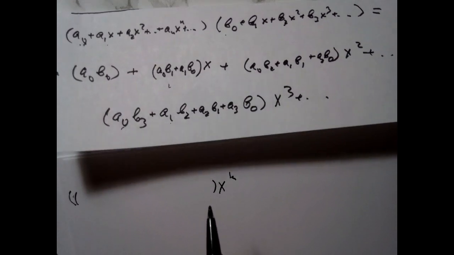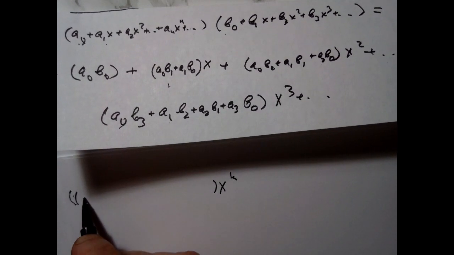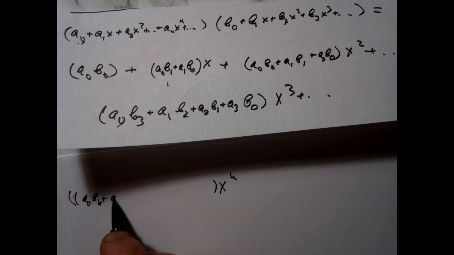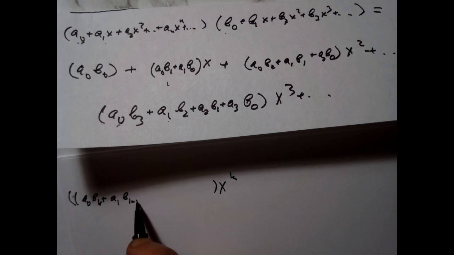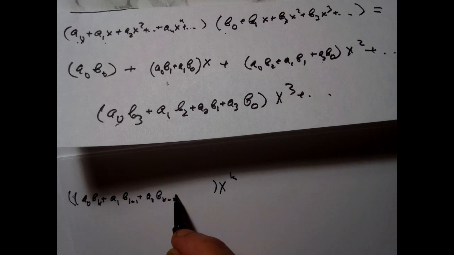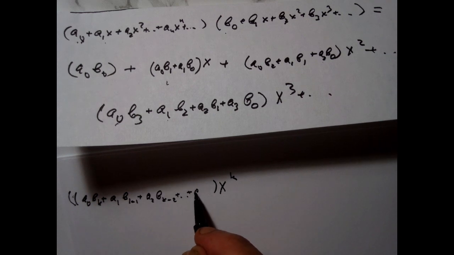Well, the indices in front of it will be a0 bk, true? Plus a1 b(k minus 1), plus a2 b(k minus 2), plus etc., plus ak b0.